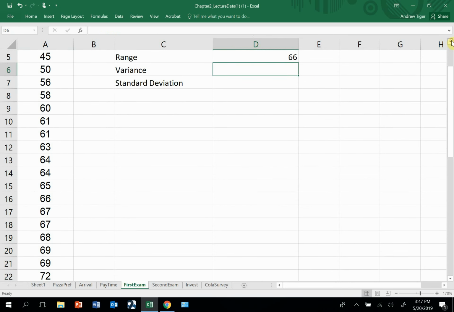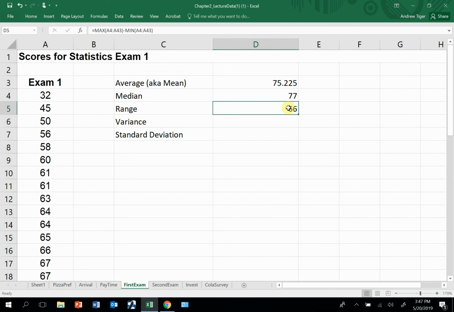And that's how we can determine the range. So the biggest value minus the smallest value is 66. It's a measure of variability. If everyone scored a 77, then the range would be 0, because the biggest value is 77 and the smallest value is 77.